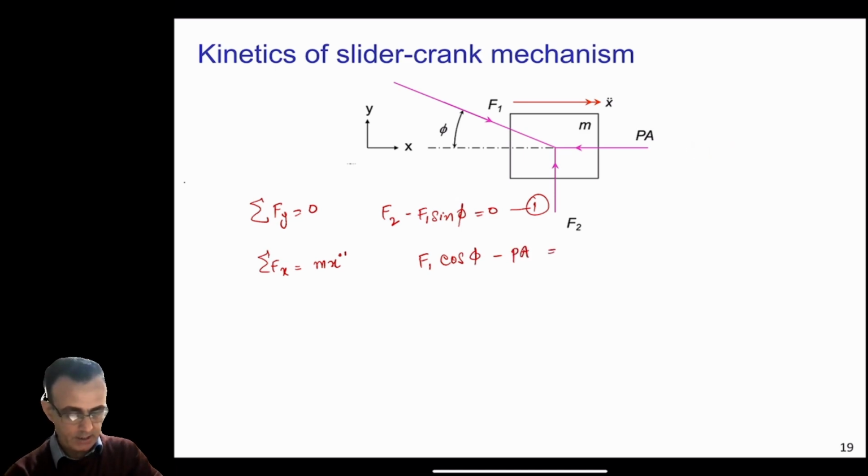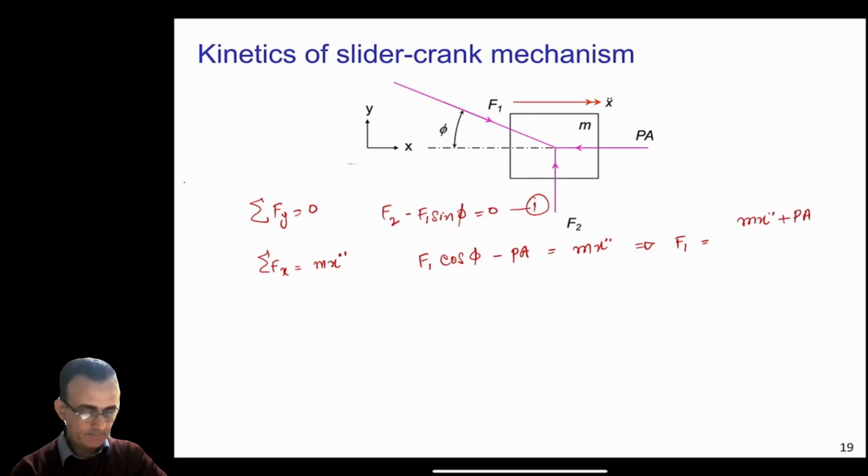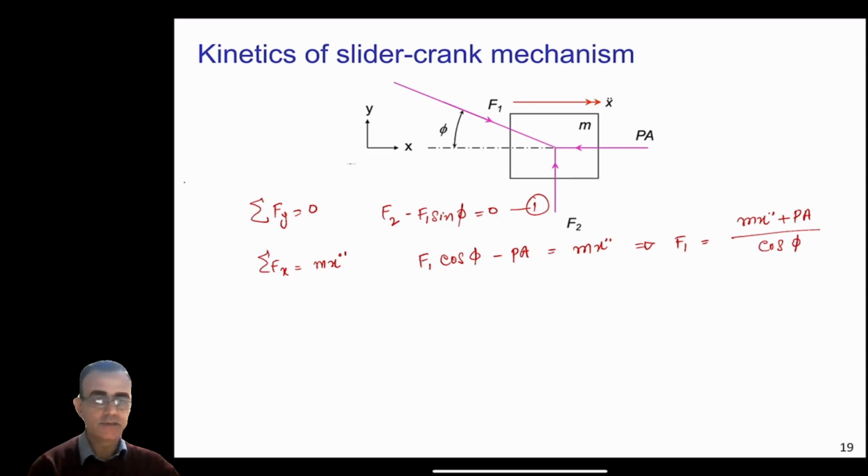So Pa equals m x double dot, and now from here we can calculate F1. F1 will become equal to m x double dot plus Pa divided by cos of this angle here.